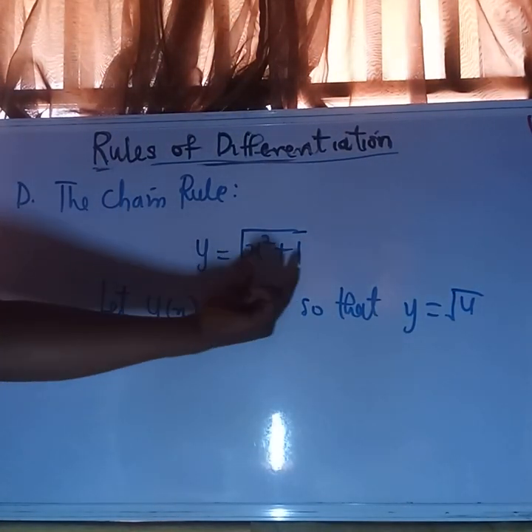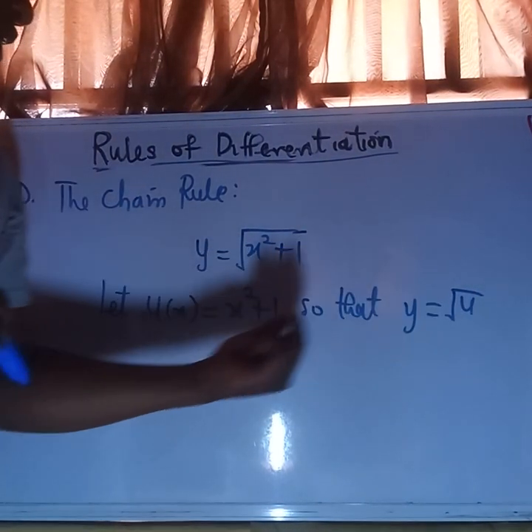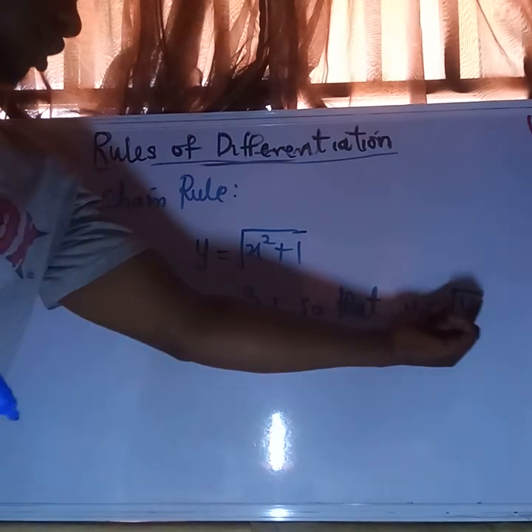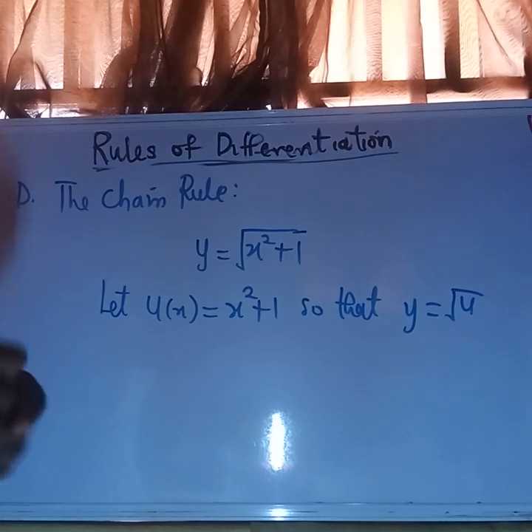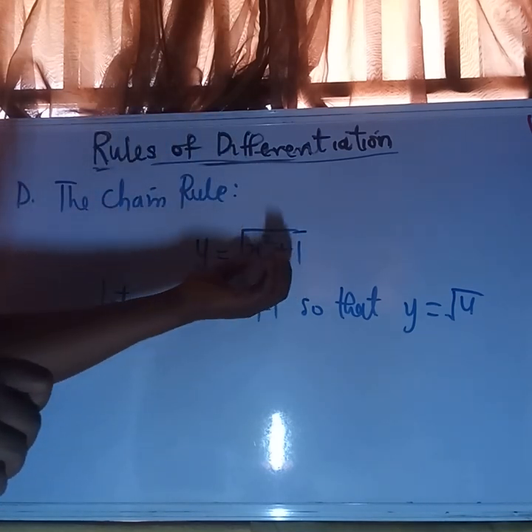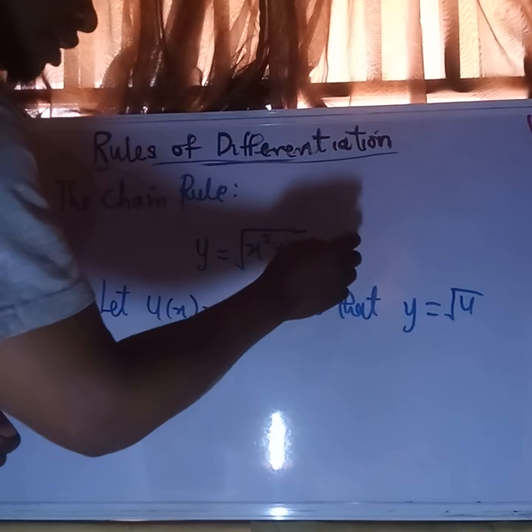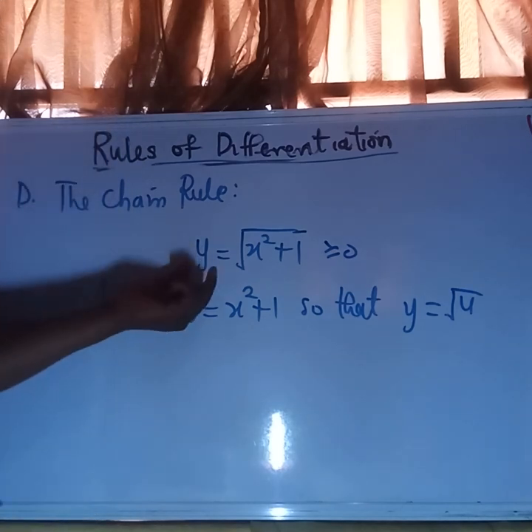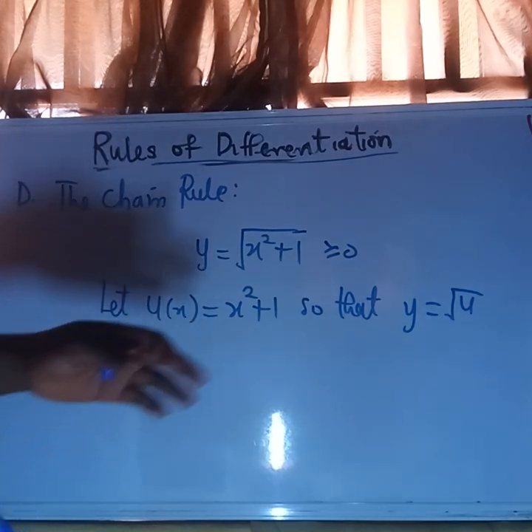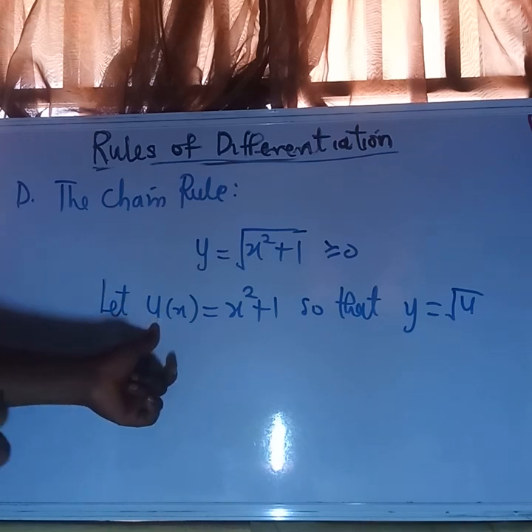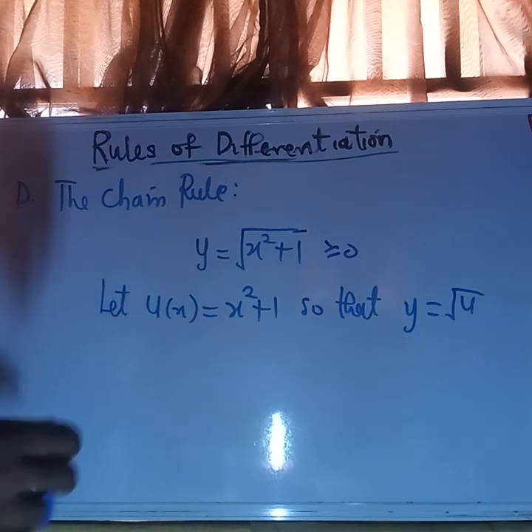When the whole of the term here is u, this is what this gives. And we'll call that the variable x. x squared plus 1 must be a non-negative term for this y to be real. So in that case, this u also must be a non-negative function.